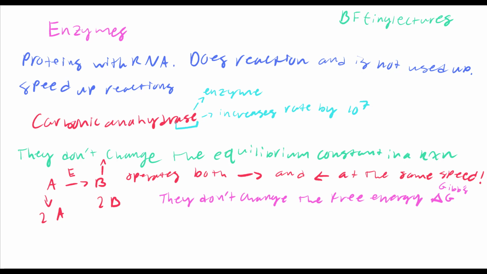Since we're talking about delta G, we'll just go over it, right? So if delta G, if Gibbs free energy is negative, then we can say that the reaction is going to be spontaneous.